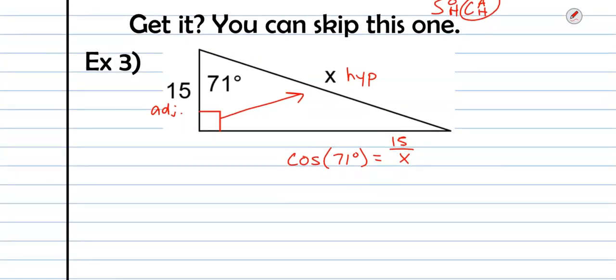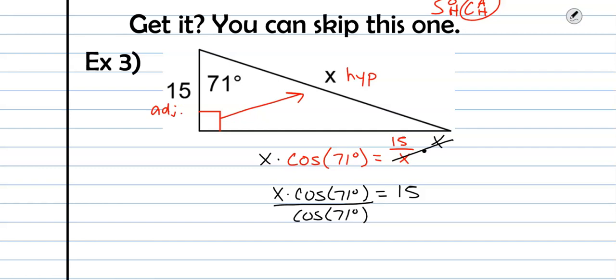Okay, and this is like the last one, so it's going to be a little bit more work since x is on the bottom. So we're going to multiply both sides by x, cross that off. Now we have x times cosine of 71 is equal to 15. And then opposite of times cosine of 71 is divide by cosine of 71. Whatever you do to one side, make sure you do to the other side.